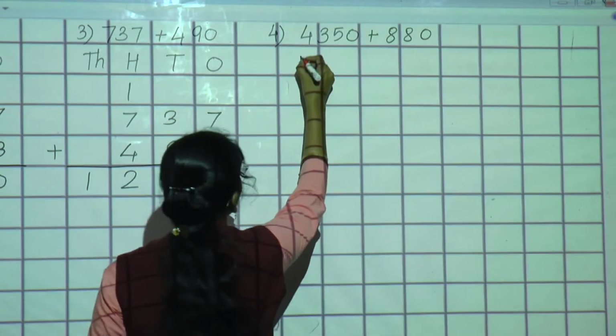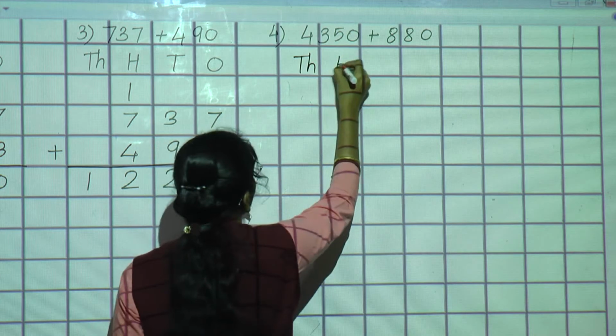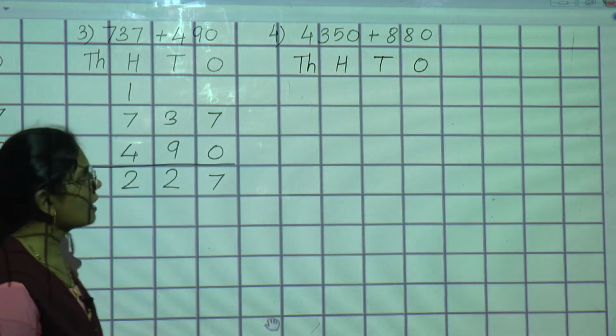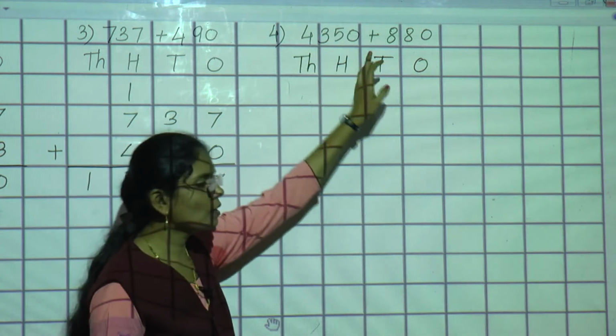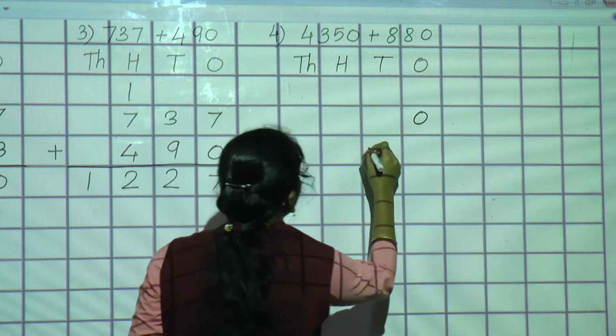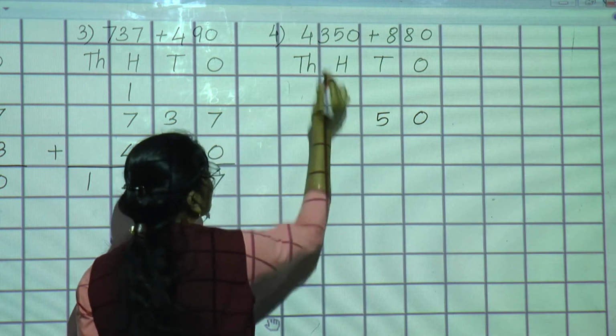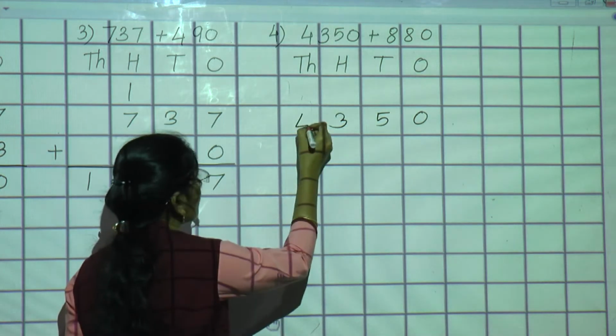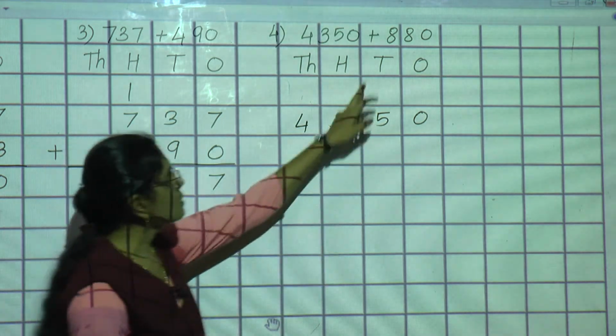Okay, so first of all we will draw the place value chart and then write those numbers in it. The first number is a 4-digit number. At ones place here 0 is there, at tens place 5, at hundreds place 3 is there and at thousands place 4 is there.